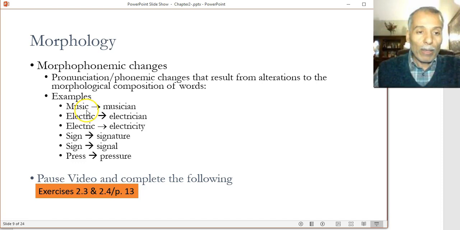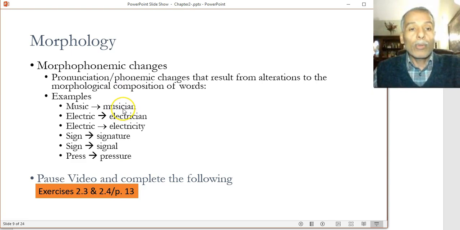So here we have the k in music, but now you add the ian as a bound morpheme, and the k disappears, and you have a whole different sound, sh. Electric. You have a k. Now you add ian, and that k disappears, and it gets replaced with the sh. Electrician.